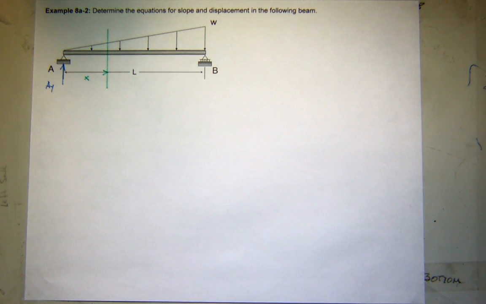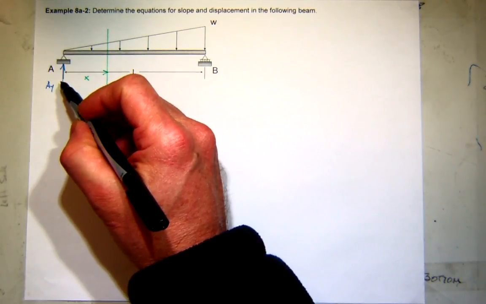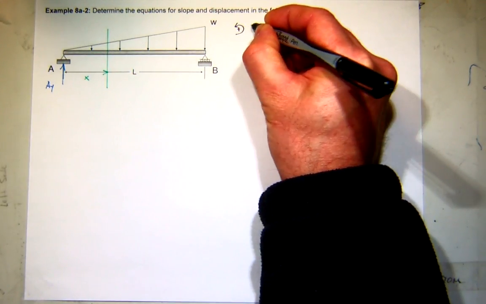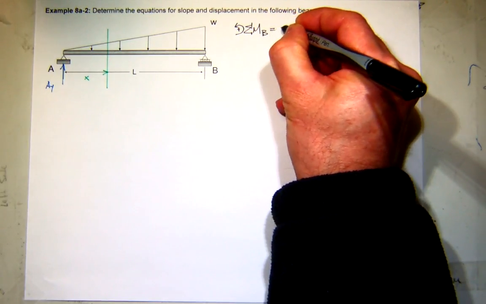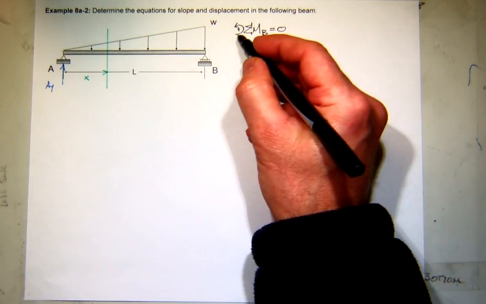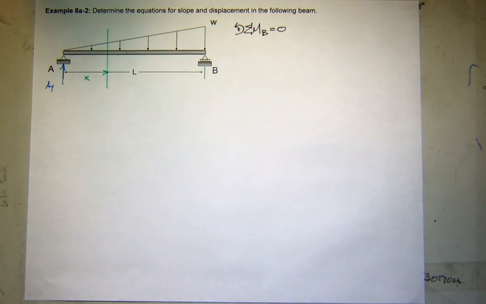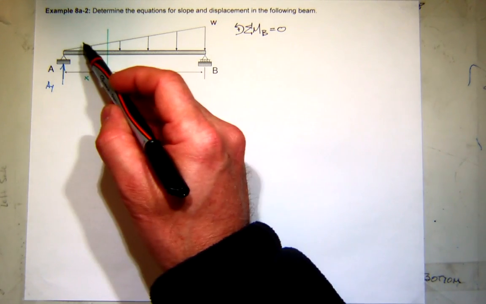With that, I'm going to do the equilibrium of the whole structure to find that reaction. So I'm going to sum moments about point B to solve for AY. And also, again, I'm going to use right-hand rule for my sign convention. Now what I need to help me with this is the concentrated equivalent force of this distributed load.